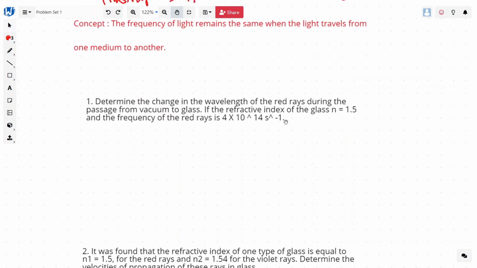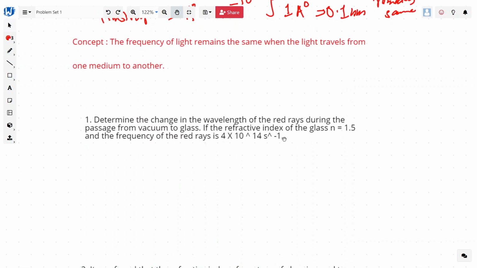So here is our first question. It says: determine the change in wavelength of the red rays during the passage from vacuum to glass, if the refractive index of the glass is 1.5 and the frequency of red rays is 4 into 10 to the power 14 second inverse.